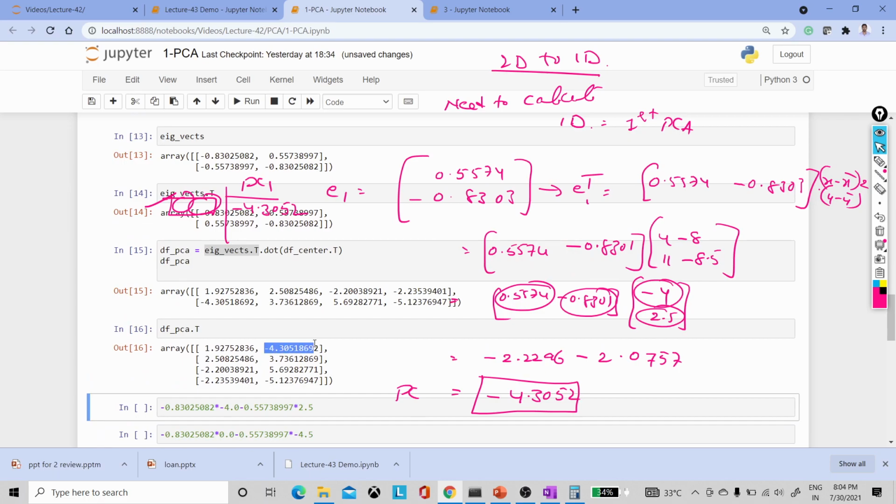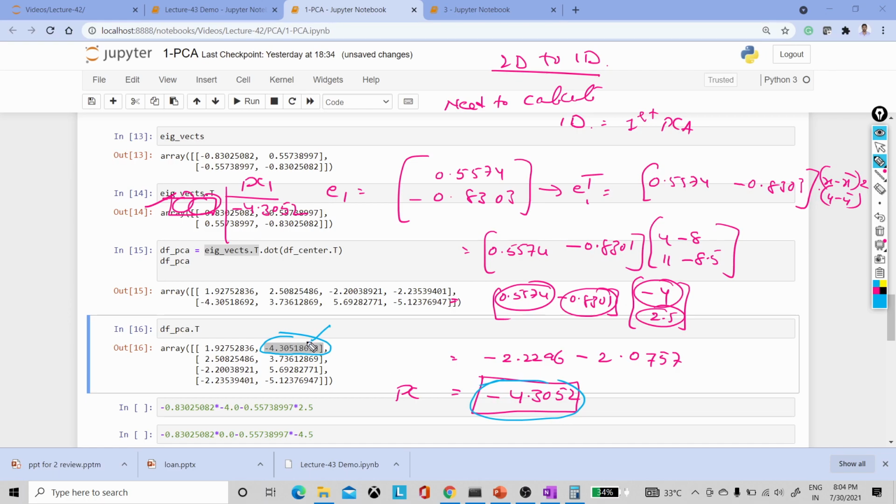See, this is the value you got exactly. Minus 4.3051, so minus 4.3052. The same value you got here.